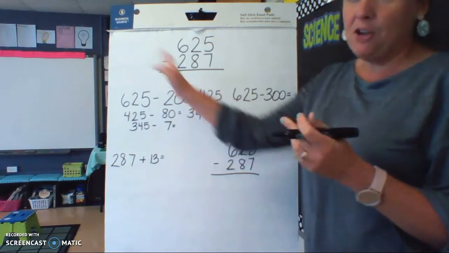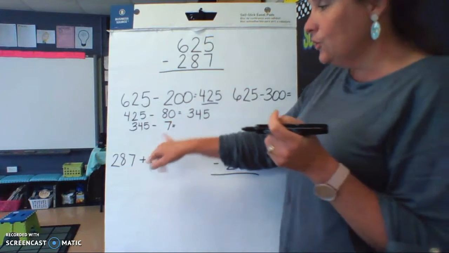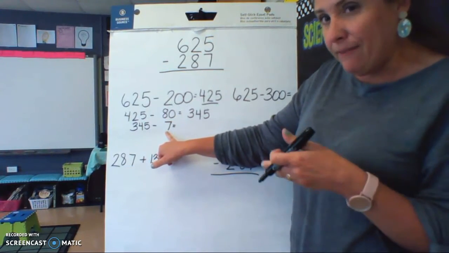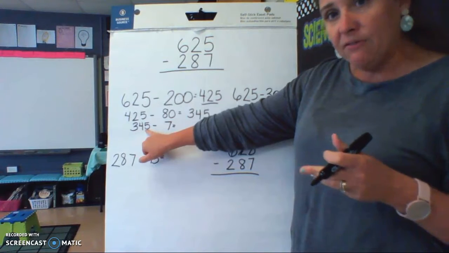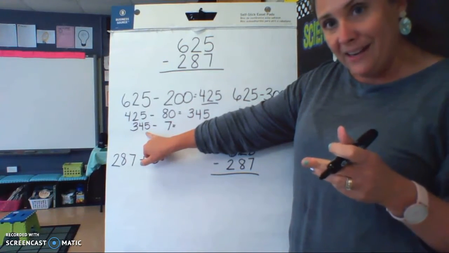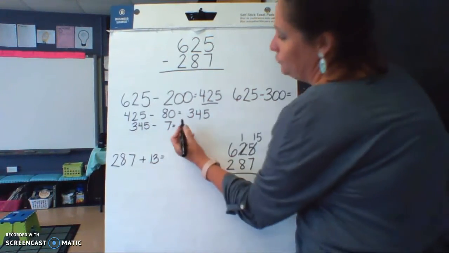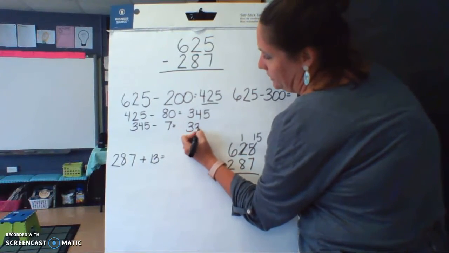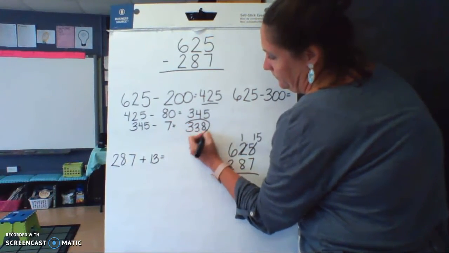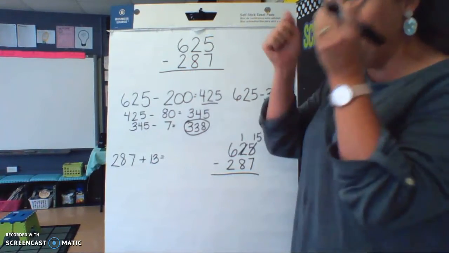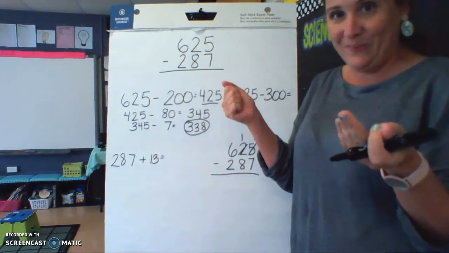And again, you're going to have to go back a 10. So you could break this into 5 and 2. 5 plus 2 is 7. And if you subtract 5, that gives you 340. Subtract 2 more, that gives you 338. Now, this way of doing it is breaking apart the number, decomposing the number, okay?